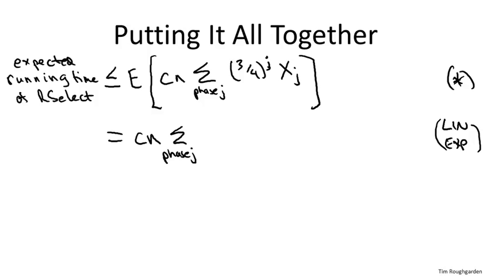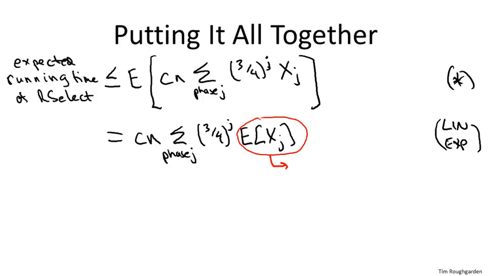Linearity of expectation says the expectation of a sum is just the sum of the expectations. So we yank the c and the n outside of the expectation, we yank this sum over phases outside of the expectation, we yank this 3/4 raised to the j outside of the expectation, and then we just have the expected value of X_j, the average number of recursive calls we expect to see in phase j.